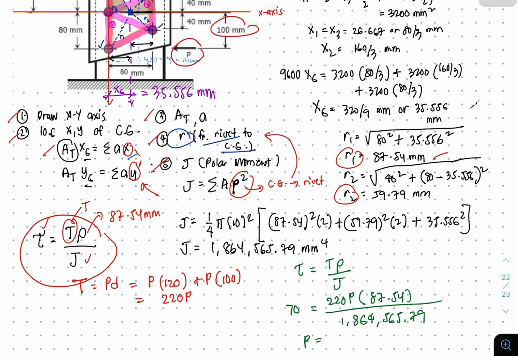Then our P is simply equal to 6,777.14 Newton.